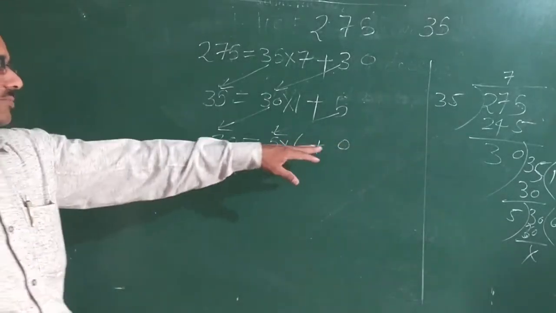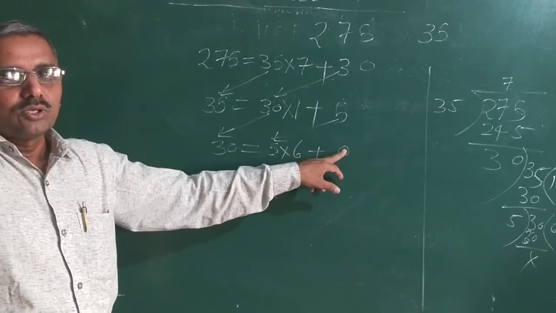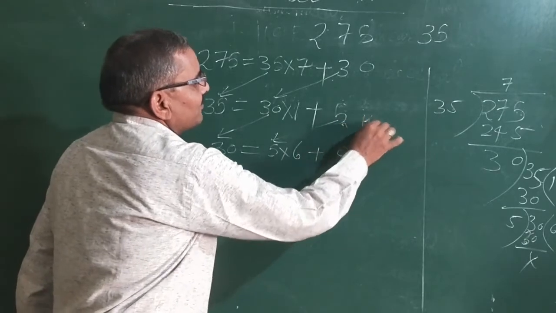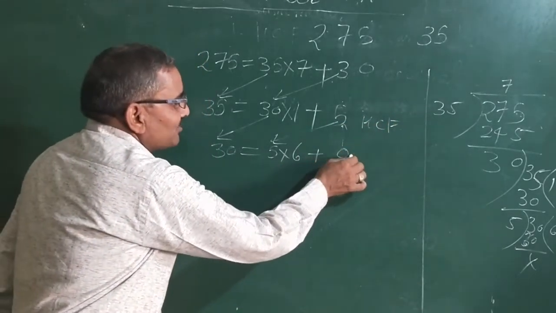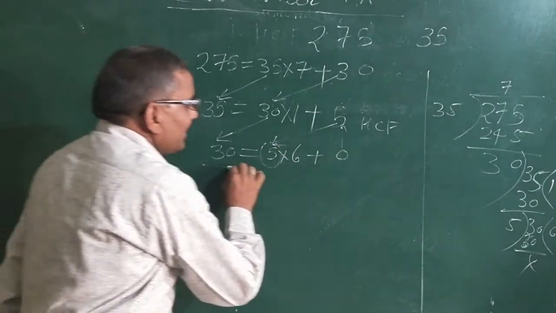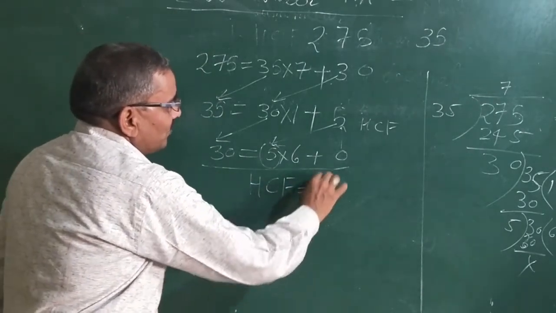I have told previously that at the stage where the remainder becomes 0, the remainder just above the 0 will be the HCF. Or you can say, in the step where the remainder becomes 0, the value of B, that is 5, will play the role of HCF. Here HCF is equal to 5.